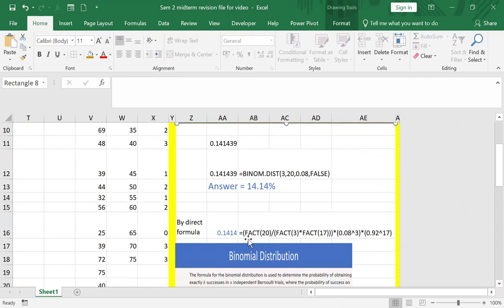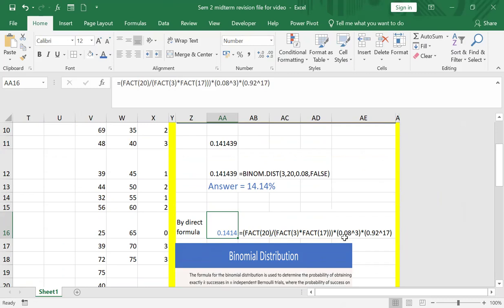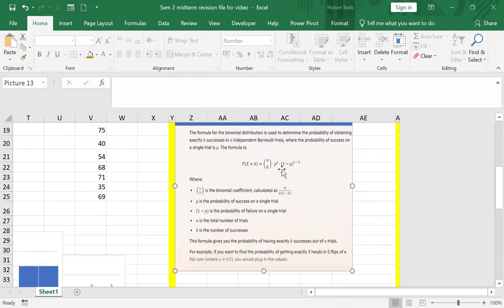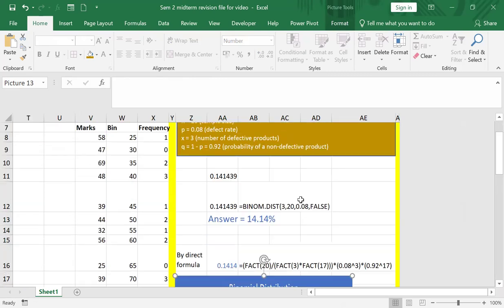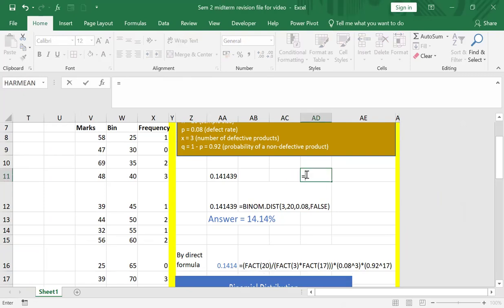So the direct formula is here. This is in case Excel is not available, then you have to use this one. But since we have been told that you can use Excel, the formula is, let me do it separately here: equal to BINOM.DIST in brackets.